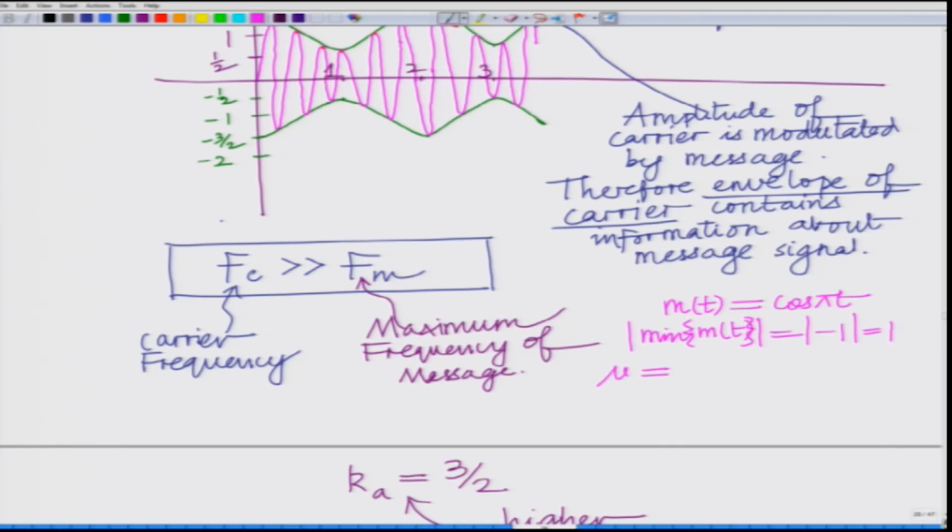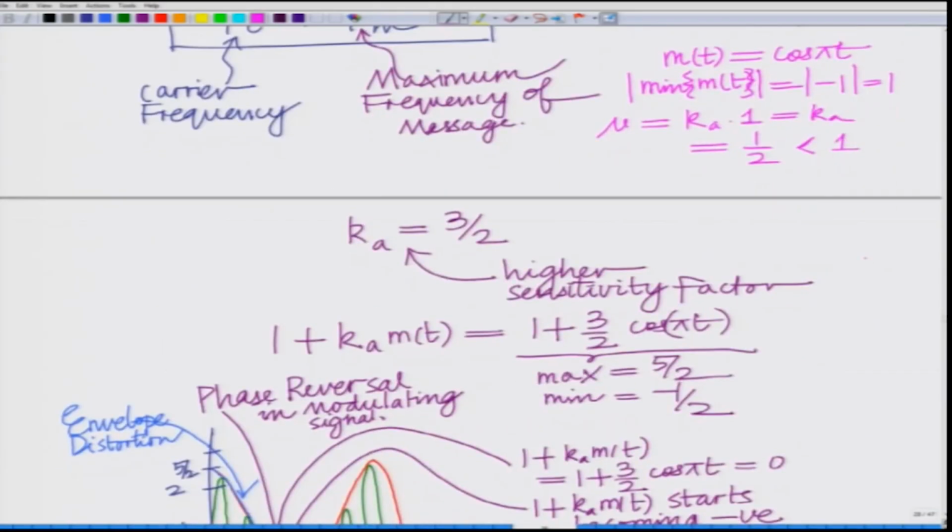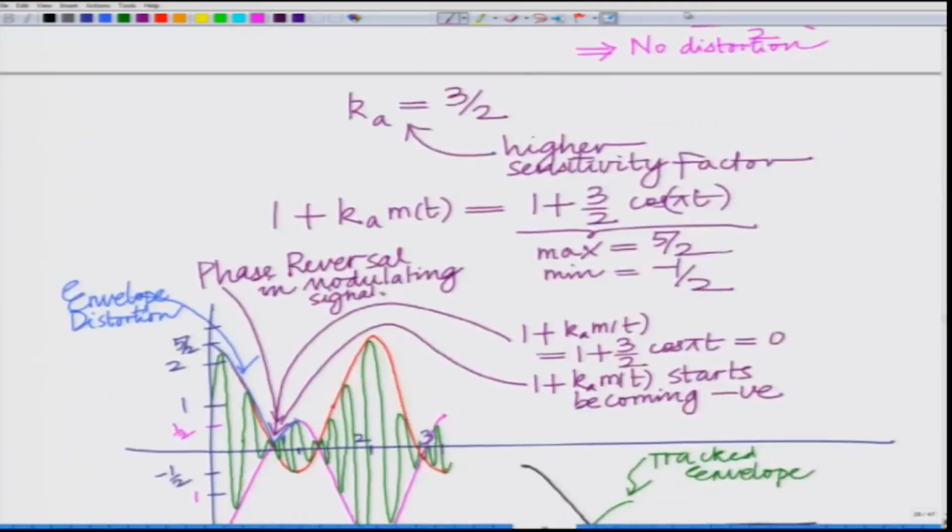Therefore, mu equals Ka times 1 equals Ka, which for this case is half. So, this is less than 1, therefore there is going to be no envelope distortion, correct.